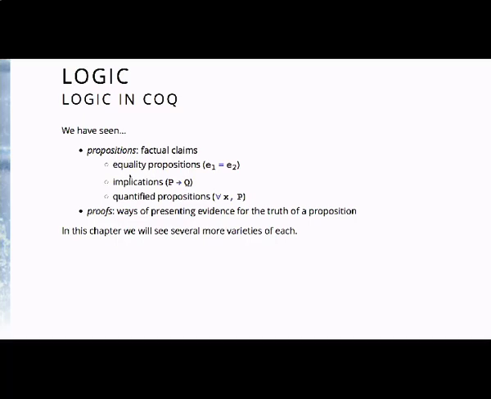Coming along with each of these styles of proposition were some tactics that allowed us to manipulate goal states involving those propositional elements. As we go along in this chapter, we're going to see several more varieties of propositions and accompanying proof styles.